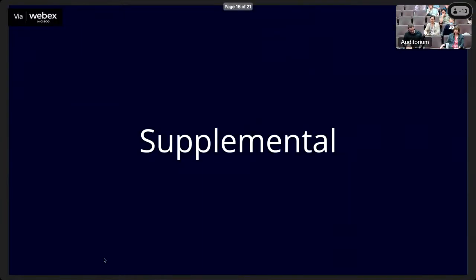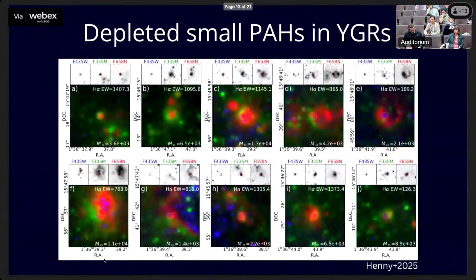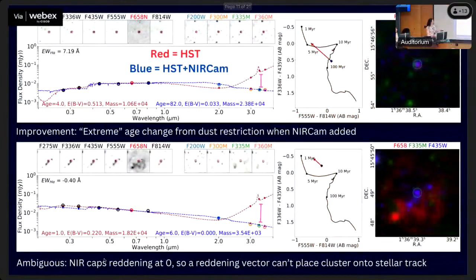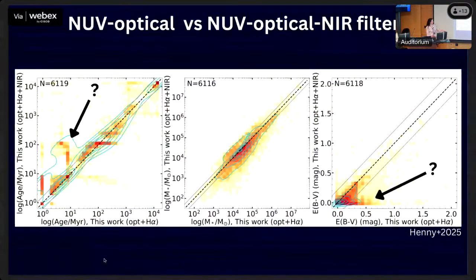Yeah, I actually do think that adding MIRI is potentially helpful, and I can talk about this in more detail with anyone. The near IR is only showing the hottest end of the dust continuum.